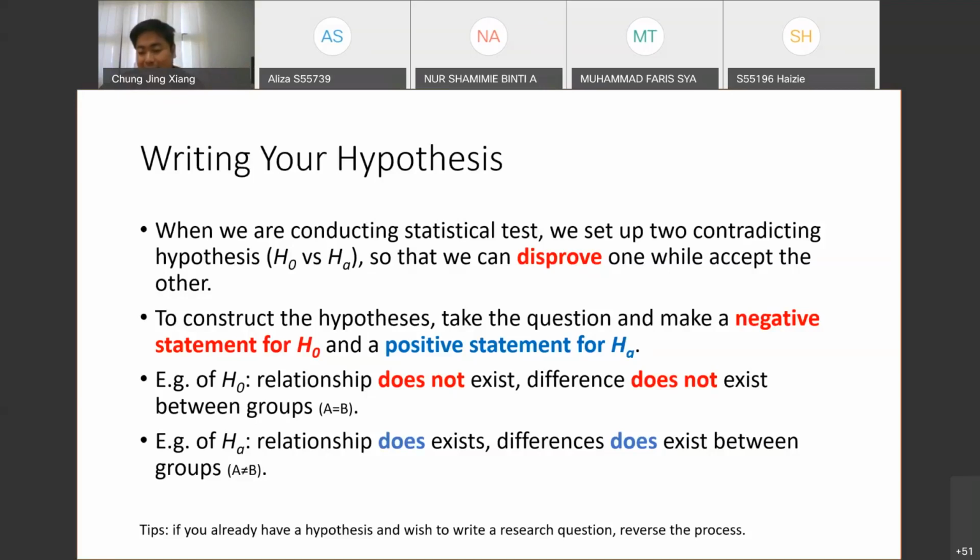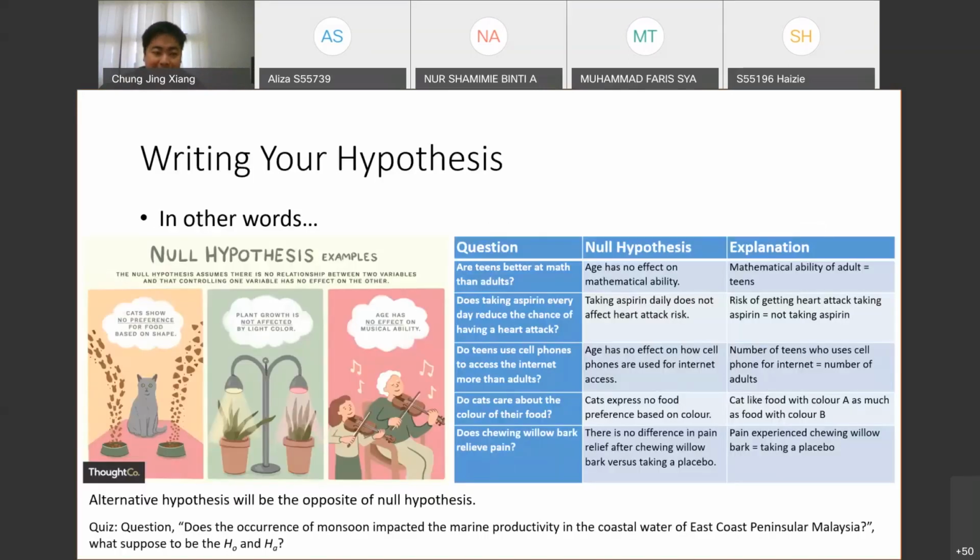So you can see the differences when we make H naught and HA. A tip: if you already have a hypothesis and you want to write a research question, you just reverse the process. Easy.